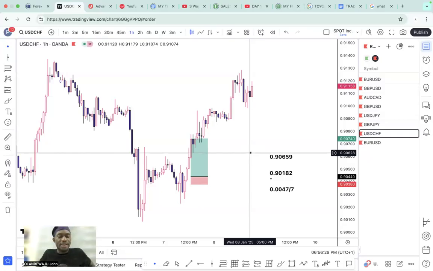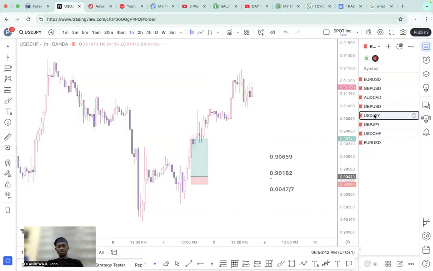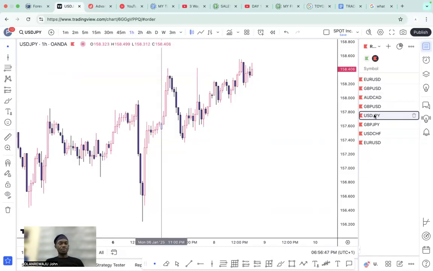However, there are some pairs whose calculation is different, which is the Japanese pairs. You must have seen that on Babypips too. So for the Japanese pairs, the count starts from the 2nd decimal place. It's just as simple as the one we just saw. You can see that this one has only 3 figures after the decimal point.